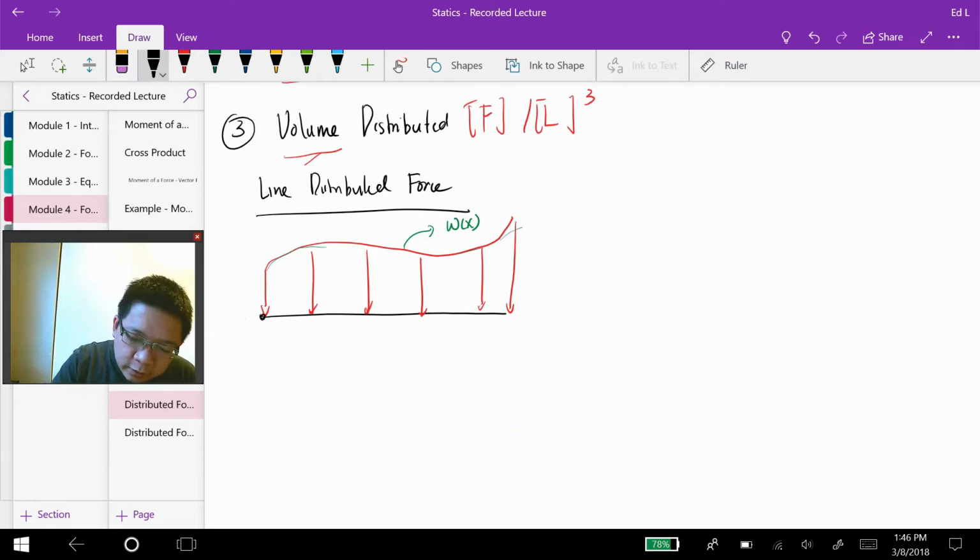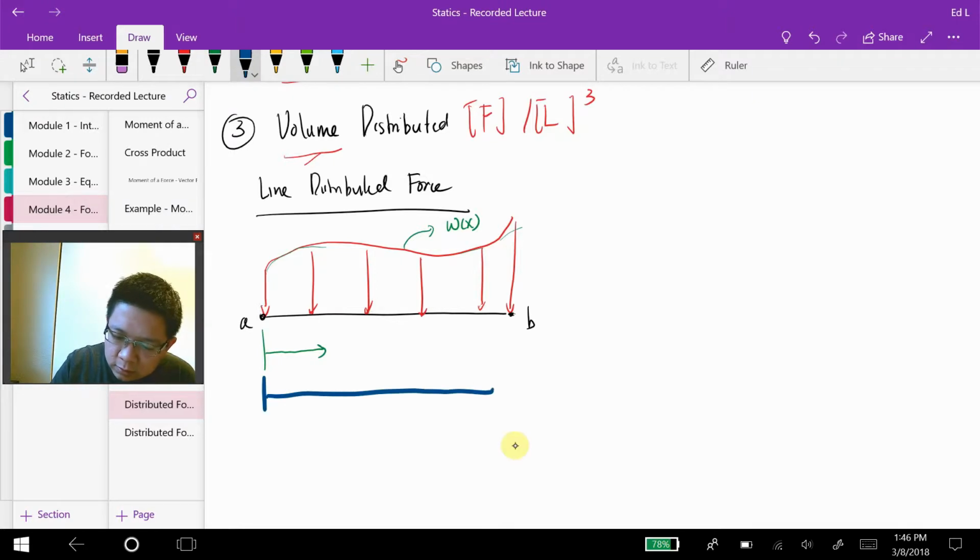Here we have point A and point B, and we measure our x from point A to the right. Let's assume that the length of the beam is L.